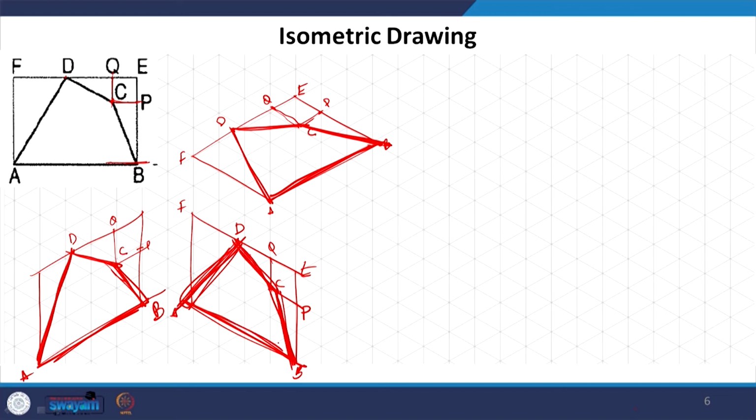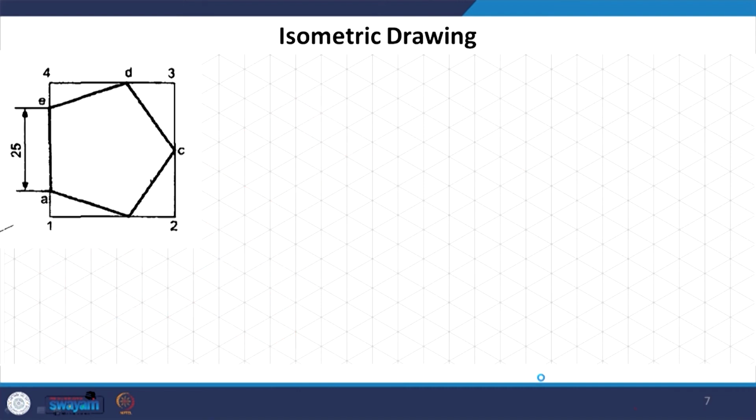If you have to incline it to one of the planes, you can go back, draw the orthographic projection, arrive at the reference rectangles in the front elevation and top view, and then bring it back onto the isometric drawing. Try doing this, and if you have a problem you can come back to me. You can do it for any object.